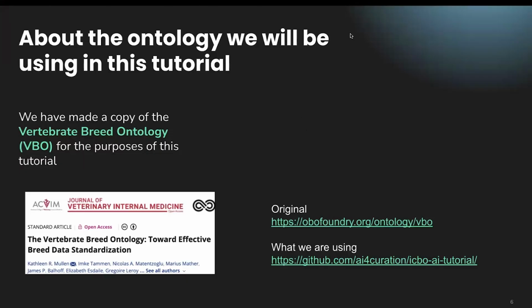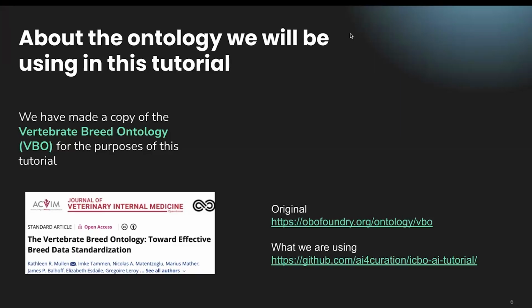It is an ontology for breed names, so any breeds of vertebrate animal, going from cats, dogs, livestock, anything that is a vertebrate breed would be there. We have a publication that is linked here or on our repository. So if you want to know more details about it, there's a paper you can look at.